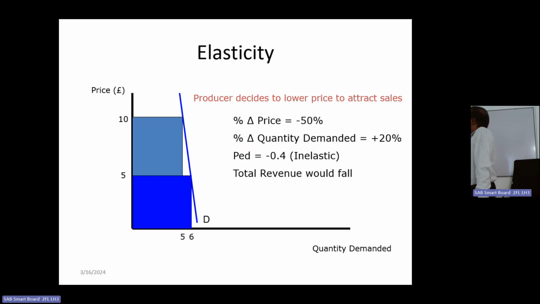Reduction in price is not advisable; raising the price is advisable.